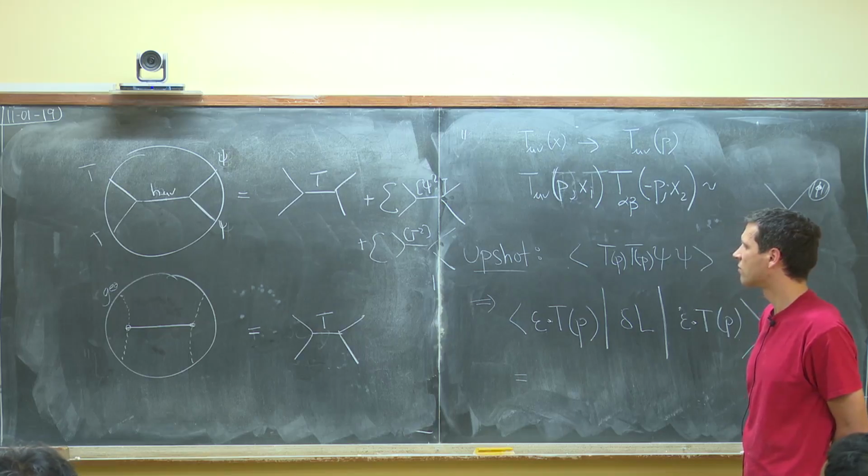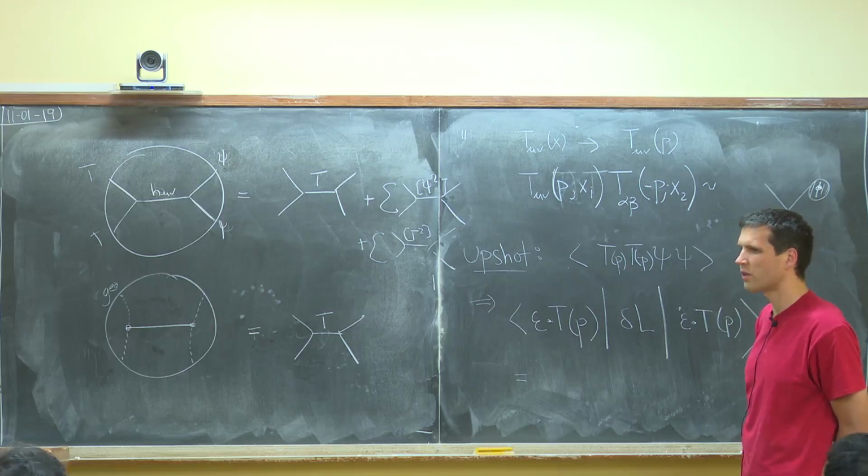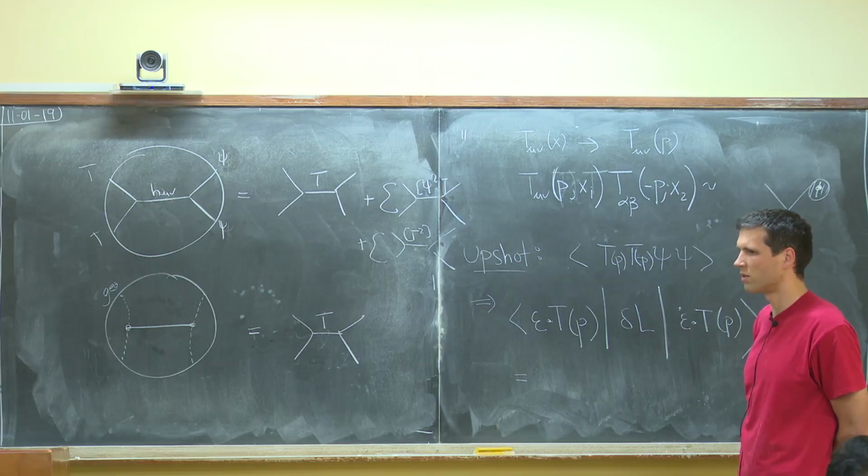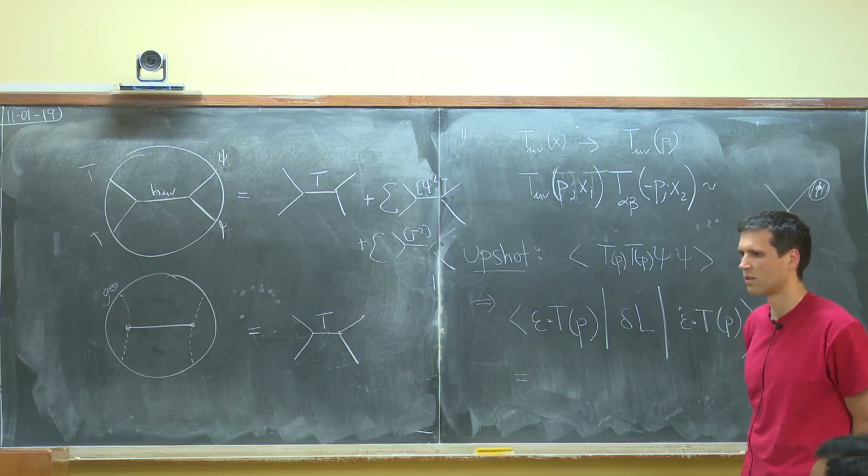I think it must be keeping away from that, where they are hitting. I don't think those give terms that grow in this regime. Well, but with enough derivatives they grow.